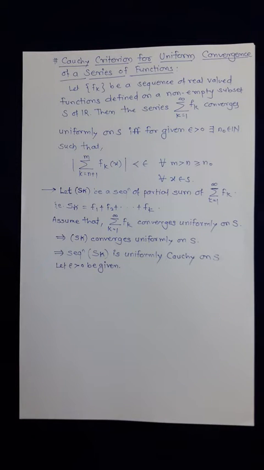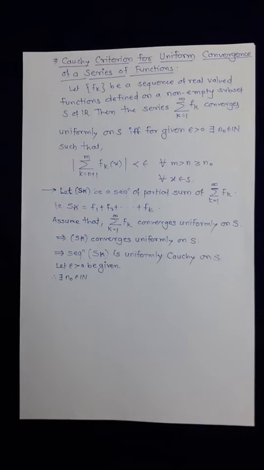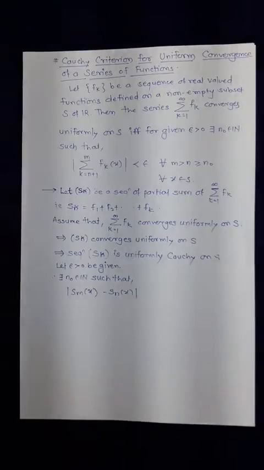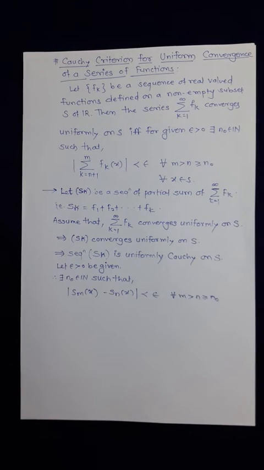Therefore, there exists n naught belonging to the natural numbers such that mod Sm of x minus Sn of x is less than epsilon for all m greater than n greater than or equal to n naught. As it is uniformly Cauchy, this is true for all x belonging to S.